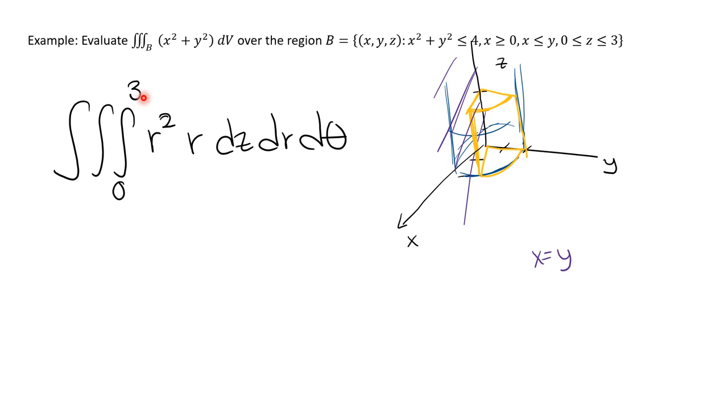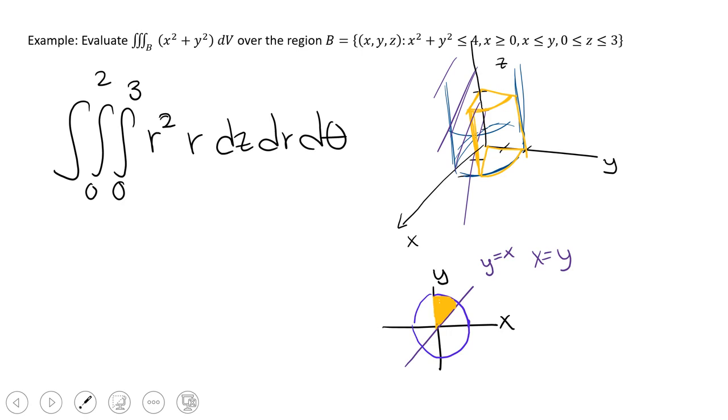And then I'm going to go to my r. I'm actually going to redraw this object, or its projection, I should say, in the xy plane to help me figure out my dr and my d theta. And so again, if we look at this from the top down, if we just look at the xy plane, we've got this line y equals x, intersecting our circle, x squared plus y squared equals 4.